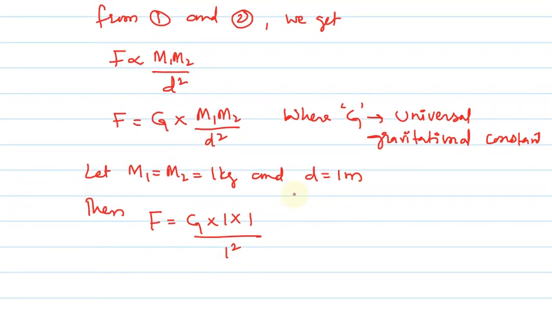So we can write this as G into 1 upon 1, that's nothing but G. Therefore, capital G is equal to F. The universal gravitational constant is the force of attraction between two bodies of unit masses separated by unit distance.